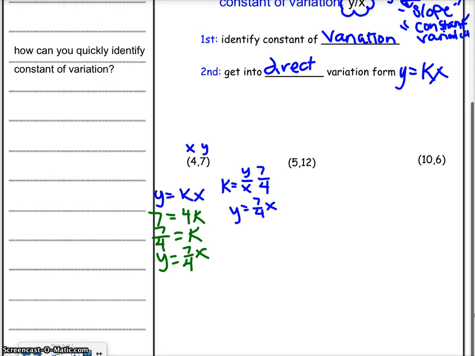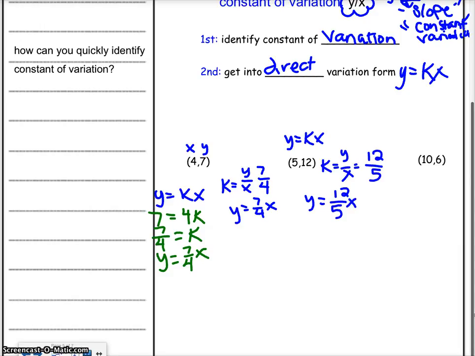Okay? Here, y equals kx. K is equal to whatever y over x is. What's y? 12. What's x? Put it in an equation. Y equals 12 over 5x.